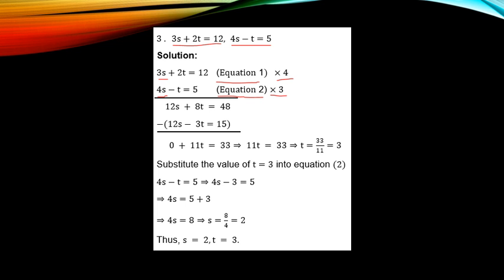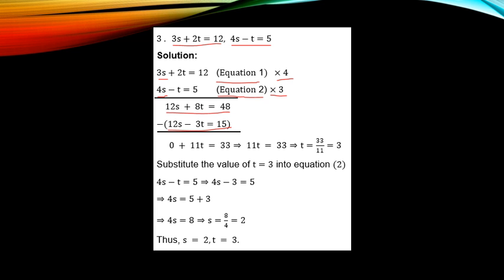So 4 multiplied through equation 1, you have 12s plus 8t equal to 48. 3 multiplied through equation 2, you have 12s minus 3t equal to 15. So we have achieved that.